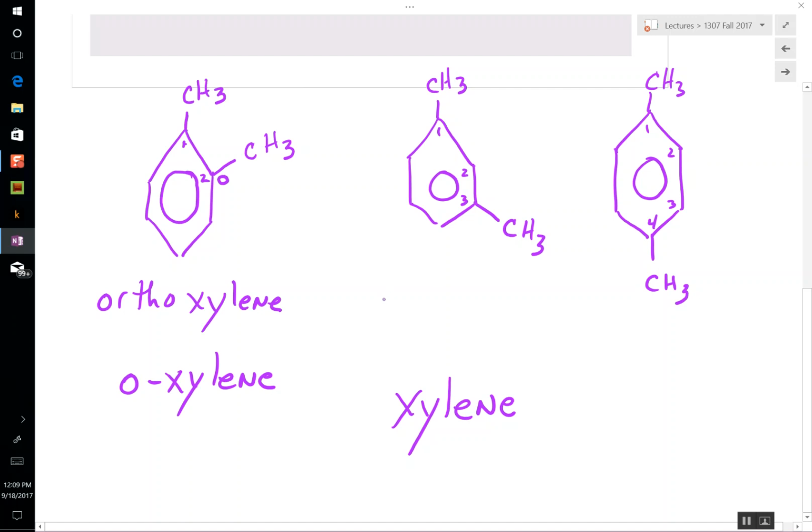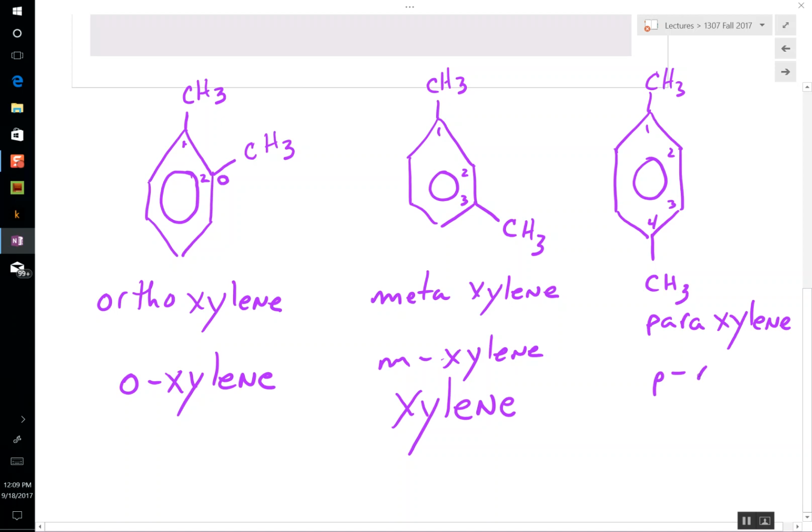This one would be meta-xylene, or simply m-xylene. And this one would be called para-xylene, or p-xylene. All right? So what we have here is an ortho, a meta, and a para position.